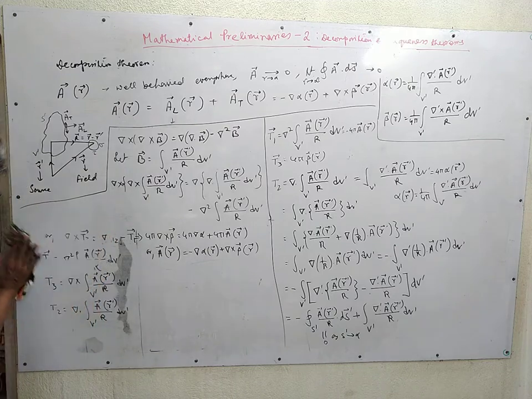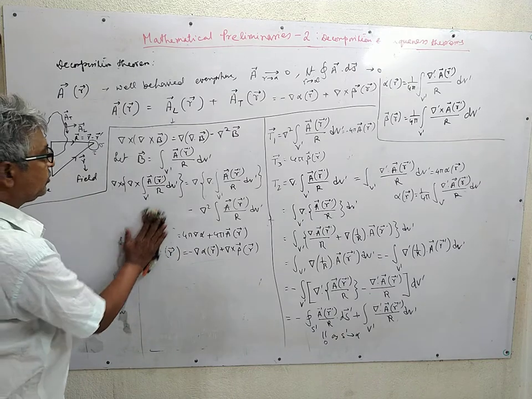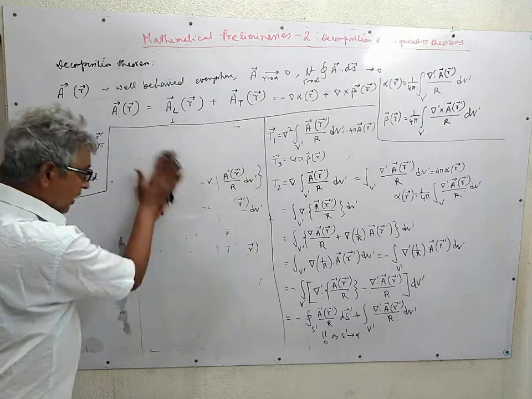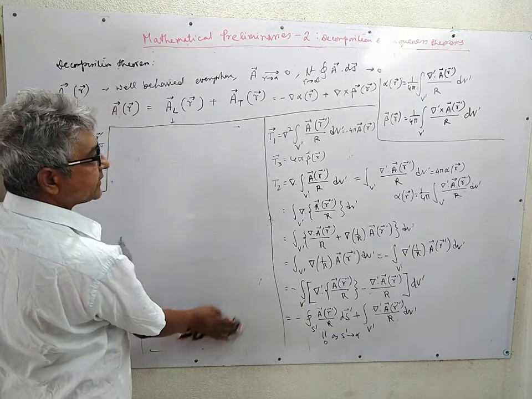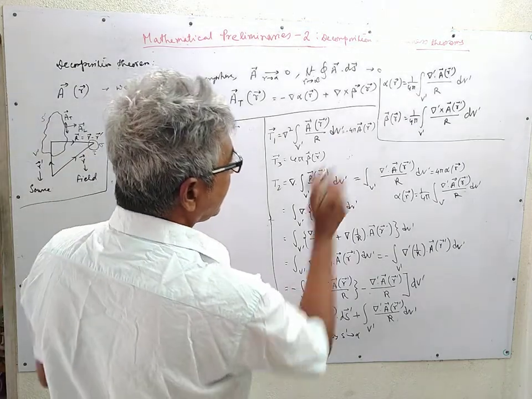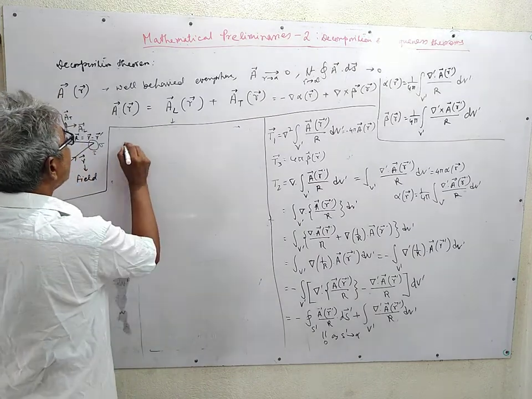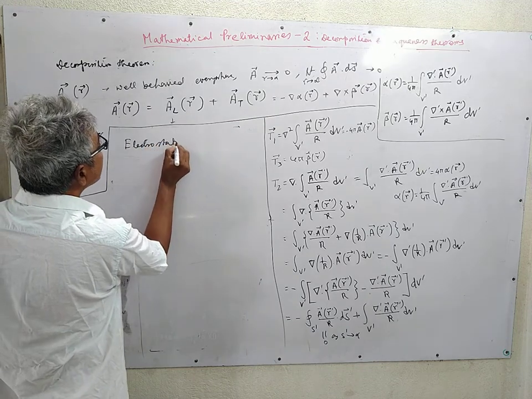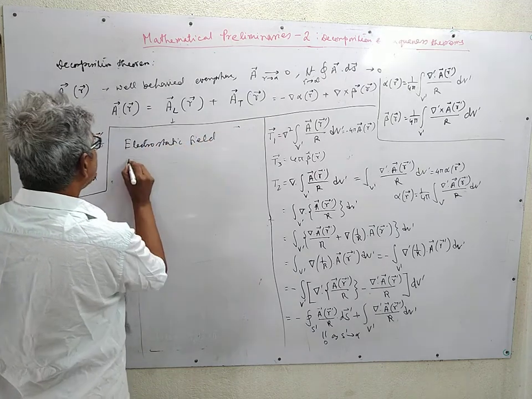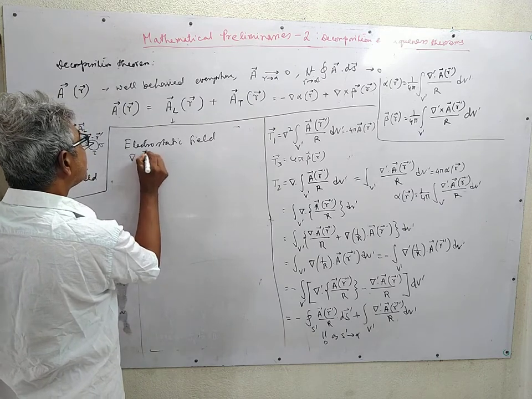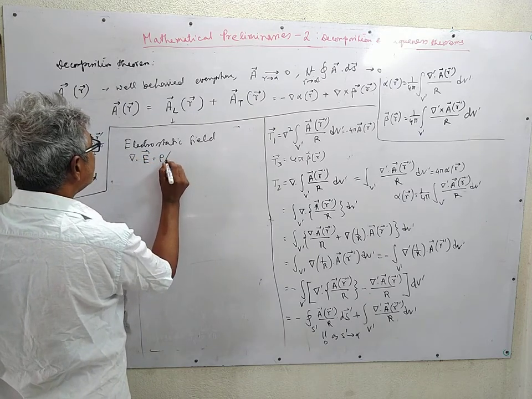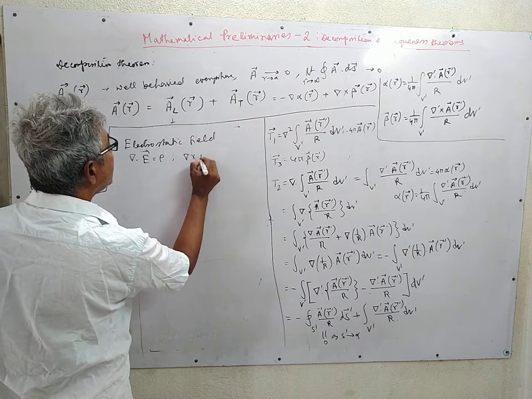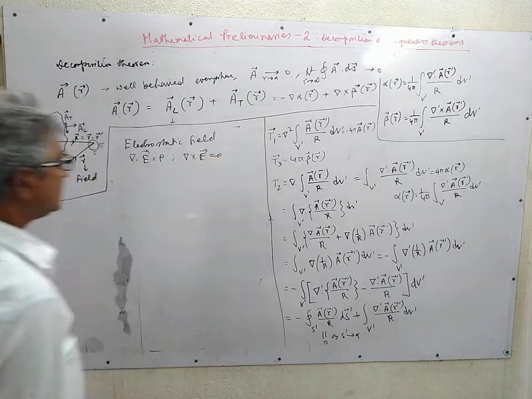Now we come to some physical situation where we can apply this theorem. In the case of electrostatic field, we see that alpha is given by the divergence of A. For electric field E, the electrostatic field is defined as divergence of E is equal to rho by epsilon 0, and curl of E is 0.